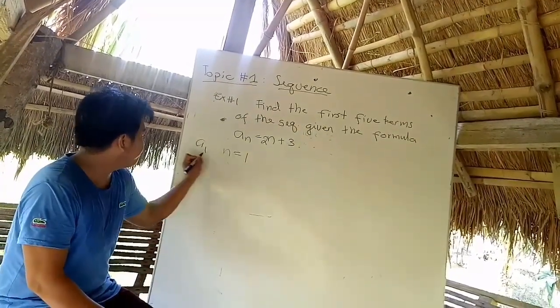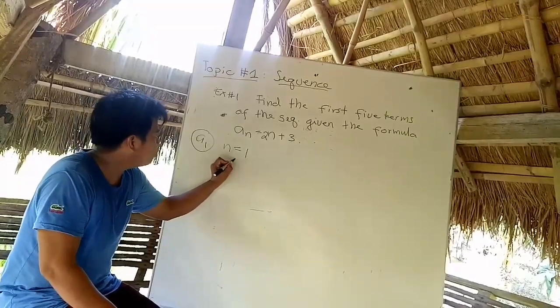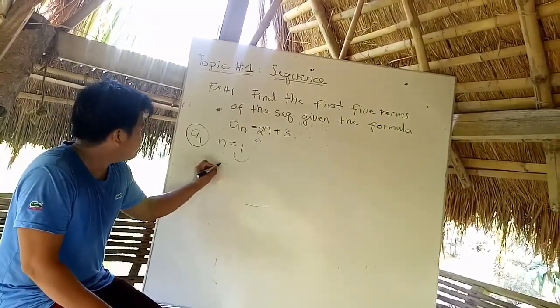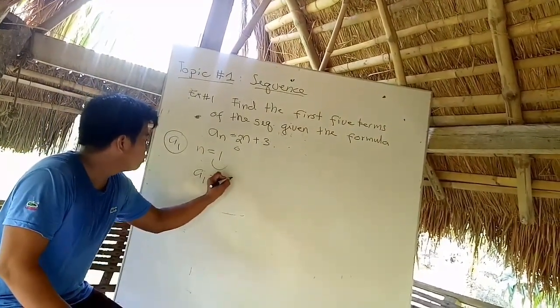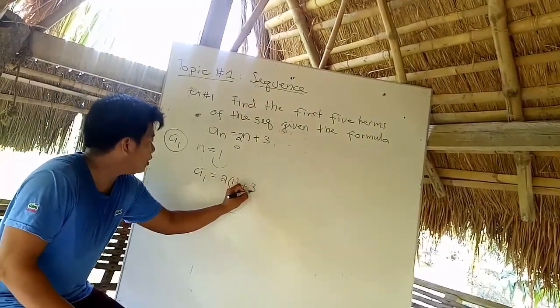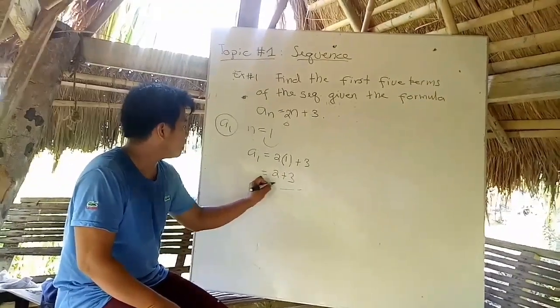So, to get the first term, or the a sub 1, just substitute the value of n to the given formula. So we have a sub 1 equals 2, substitute n by 1, plus 3. So we have 2 plus 3 equals 5.